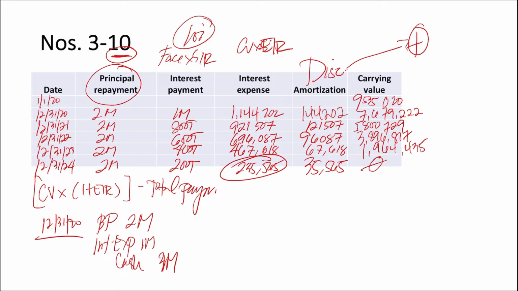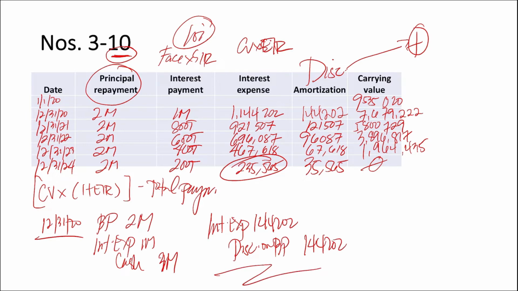Next, tignan nyo. Ang interest expense recorded, 1 million. Pero ang correct interest expense, 1,144,202. Therefore, magre-record pa tayo isang entry. Debit interest expense, 144,202. Credit, discount on bonds payable.